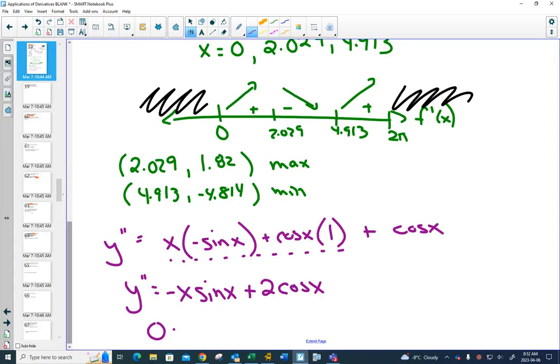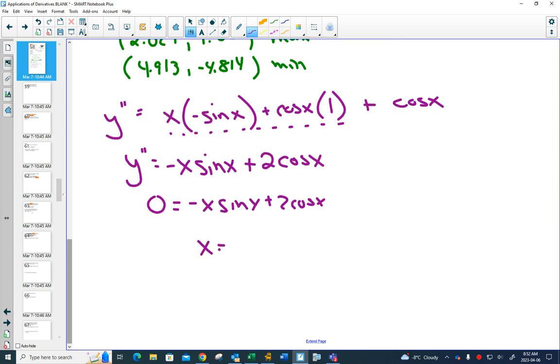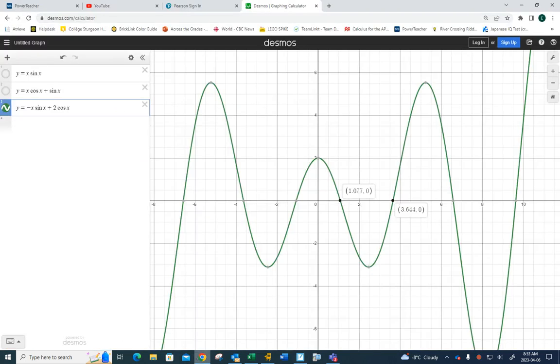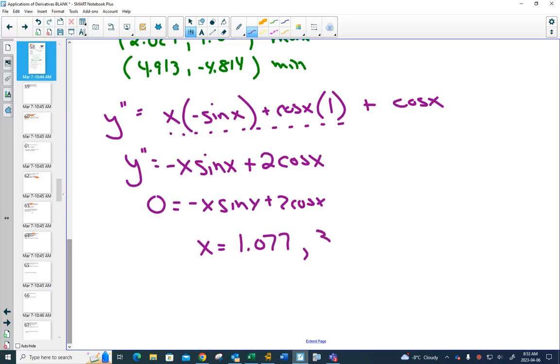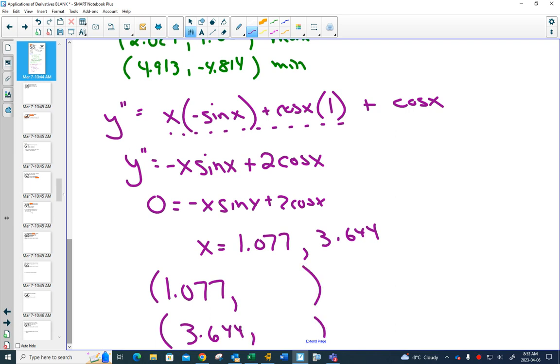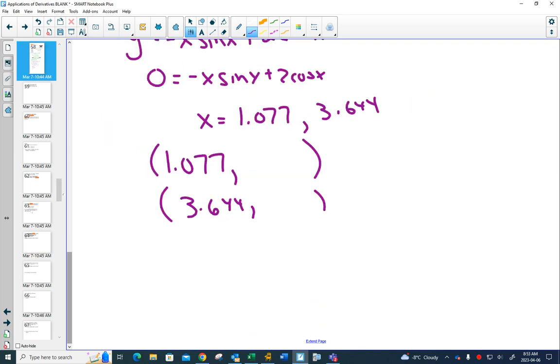So we would have set this equal to 0. So we've got 1.077 and 3.644.